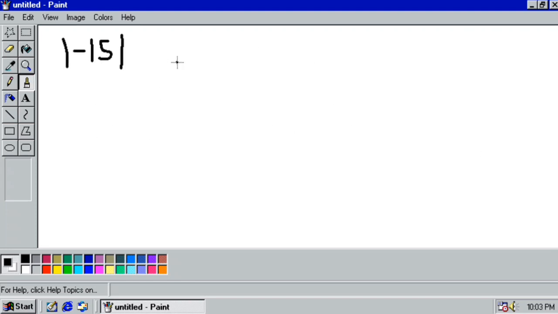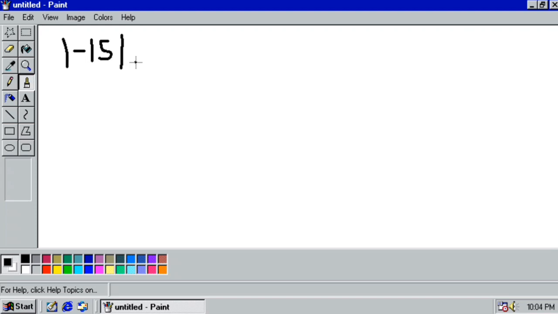Since negative 15 is a negative number, its absolute value is its opposite.